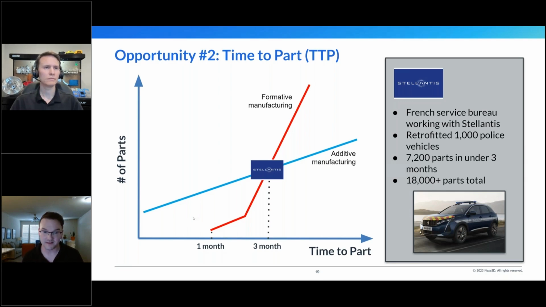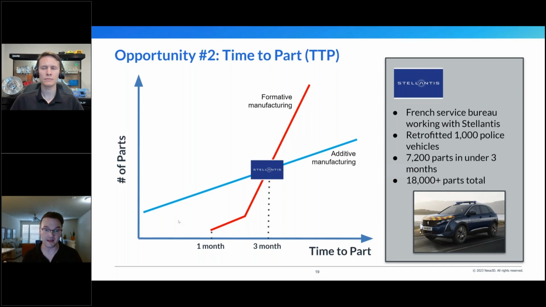And so in this example with Stellantis, they answered an RFP from the French police saying, we need, I believe it's 7,200 parts, and you have 3 months to design, functionally test, and manufacture these parts from start to finish.